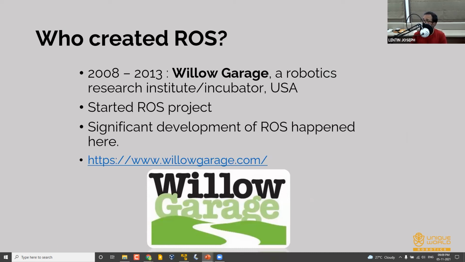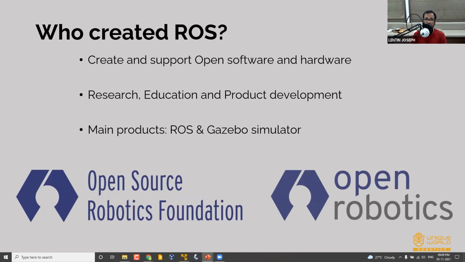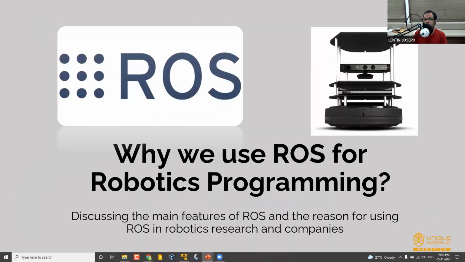Then Willow Garage shut down in 2013. And after that, the Open Source Robotics Foundation, or Open Robotics, is maintaining the ROS framework. So they're creating new ROS software, maintaining it, all this stuff. Okay, this is the ROS team.